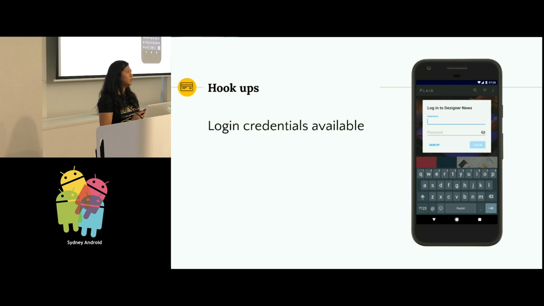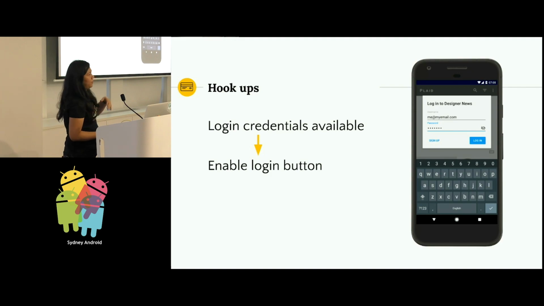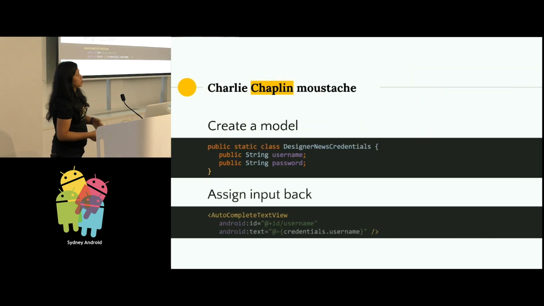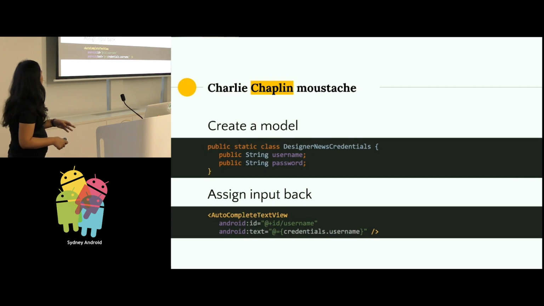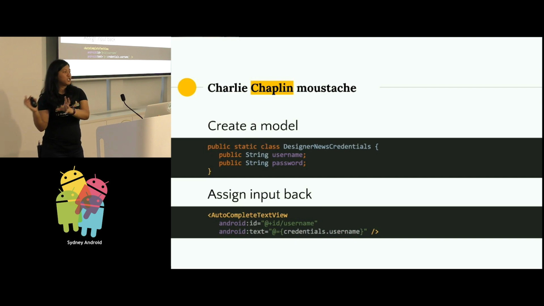One other nice thing that we can use for forms is actively listening to states. It's sort of like an observable pattern. If the login credentials are available, we want the button to be enabled. The way I approach this is I made a new model for the username and password, and then data binding allows us to have two-way binding, which means that whenever something is changed in the actual view, our model changes with it too.